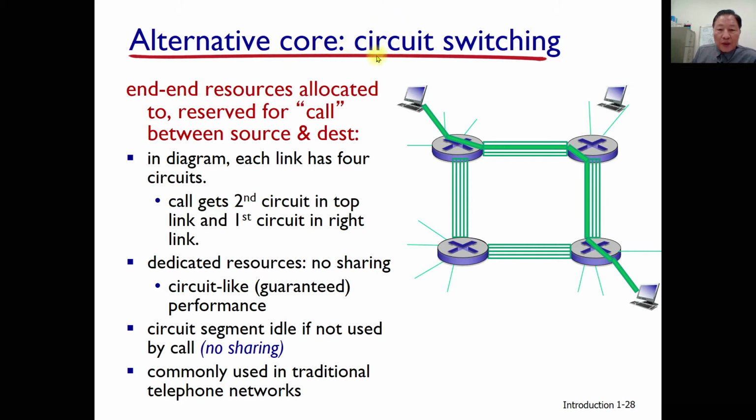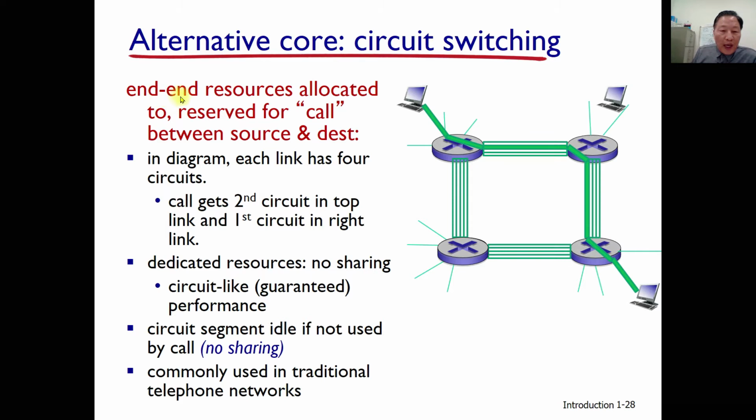But a long time ago, circuit switching was used for telephone switching, since the early 20th century, just at the beginning of the telephone technology introduced in the world. We needed some switching, and that technology is circuit switching.